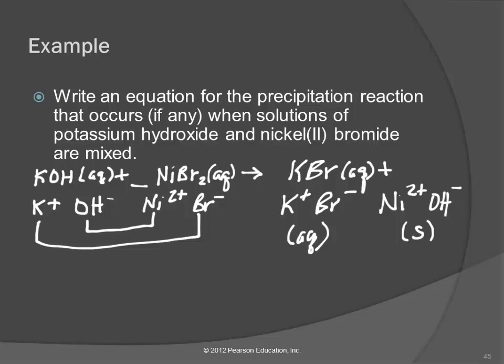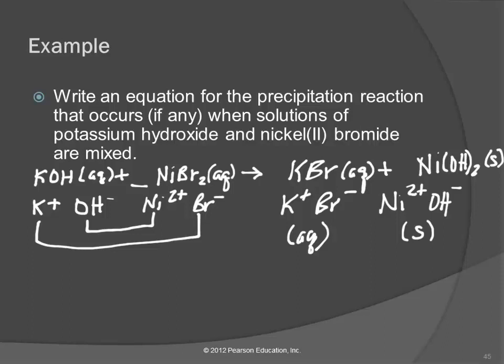So crisscross, and we get Ni(OH)2, and that's a solid. I need the parentheses around the hydroxide because that's a polyatomic ion. When you have more than one polyatomic ion, you put the shrink wrap parentheses around it and indicate how many of them on the outside. So I've predicted my products.